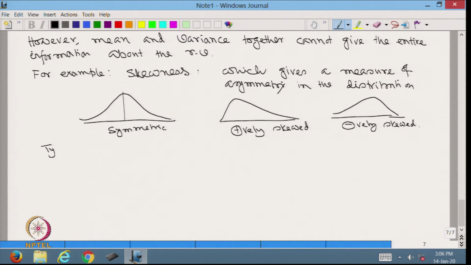Hence, typically the skewness is obtained from the third moment.